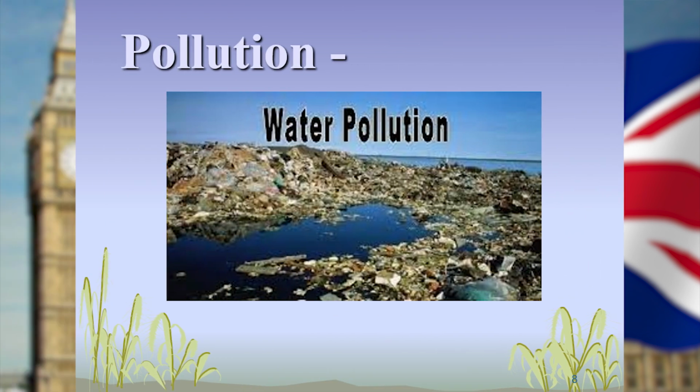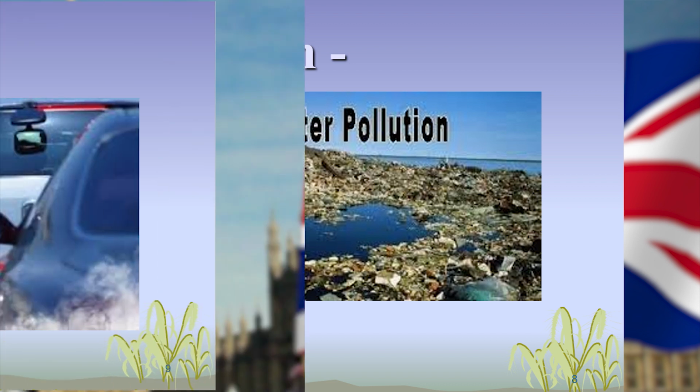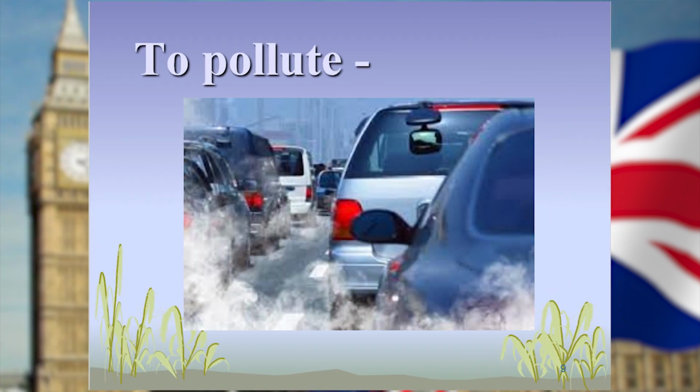If you throw the rubbish wherever you want, you'll make our streets dirty. So, this is a process. For example, water pollution is a big problem nowadays. Next word, to pollute. As you can see, it is a verb because of this word to. It is an action of pollution. Cars pollute our atmosphere greatly.